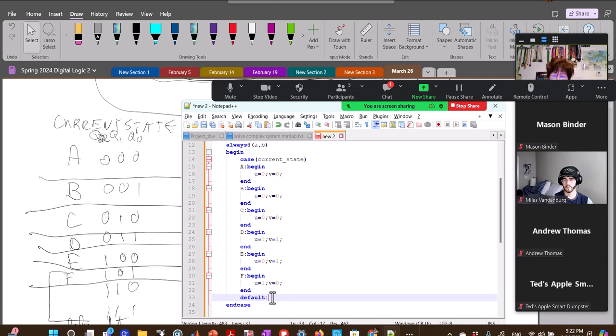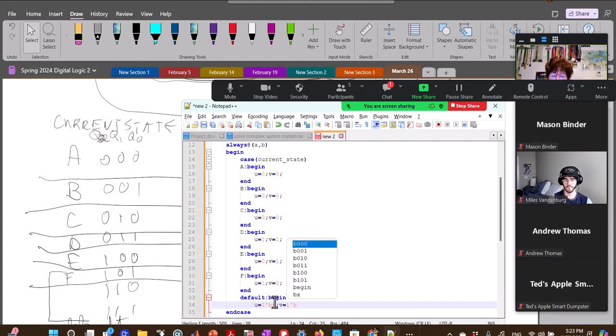And for default, I will say U equals 1'bX. That means don't care. And V equals 1'bX.